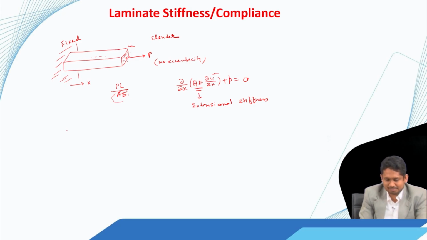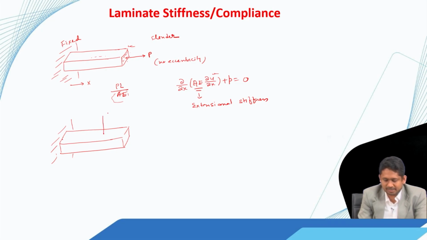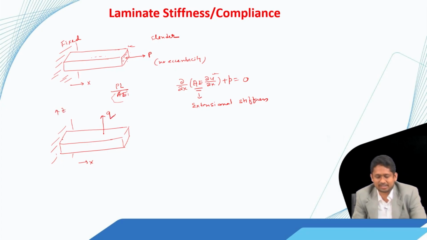Similarly, if the same structure is under bending, if I put a transverse load over it, so instead of the load being along direction x, say if it is along direction z, say there is a load q along direction z, in that case this should experience deformation along z direction and the end shape would be a bending.